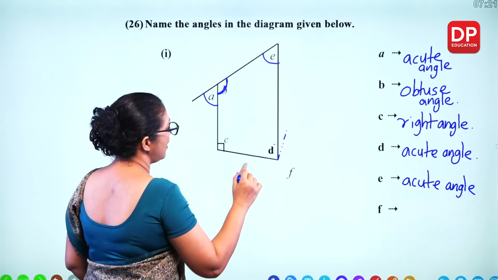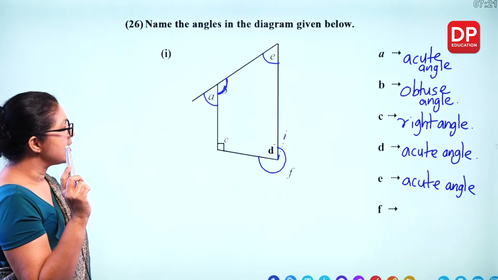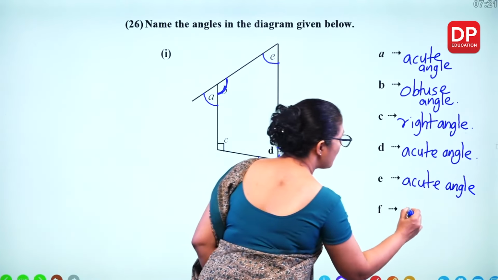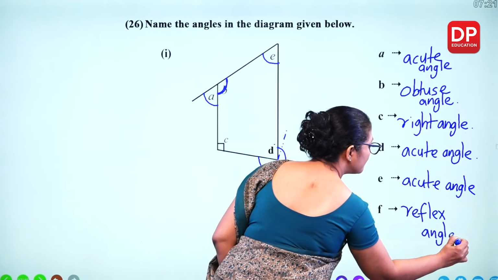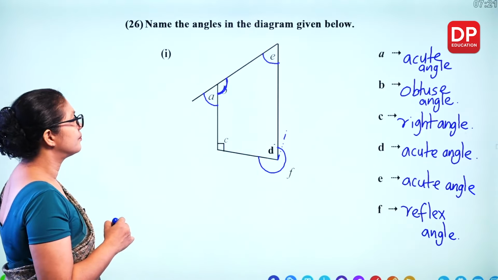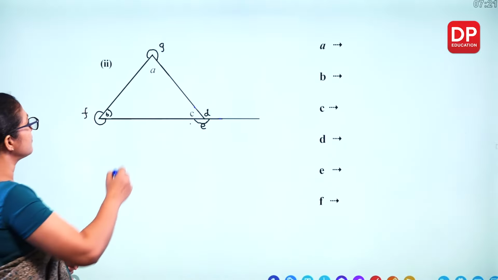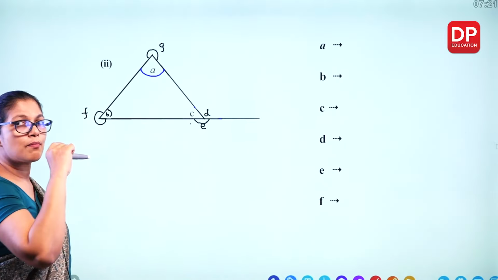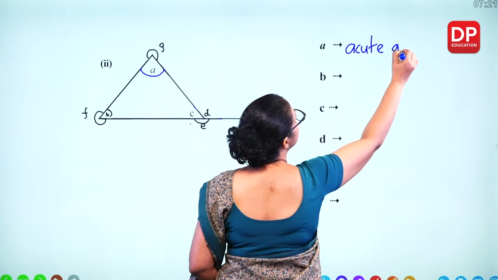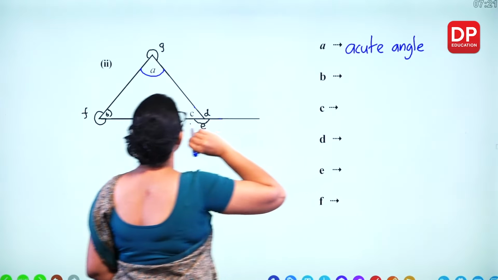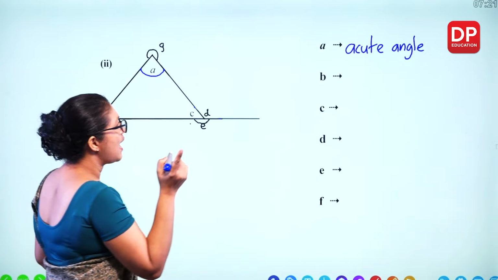F, F is this angle here, more than two right angles. That's called a reflex angle. Look at this diagram. A is inside. That's a small one, acute angle. B, this one, that's also less than a right angle, acute.